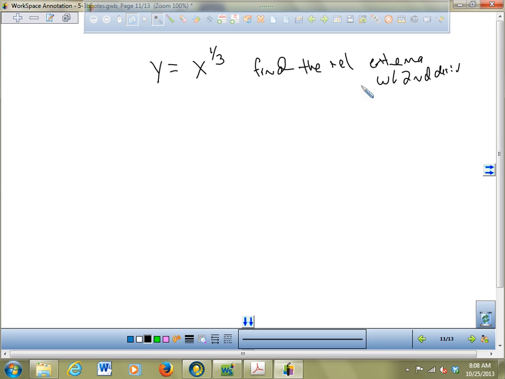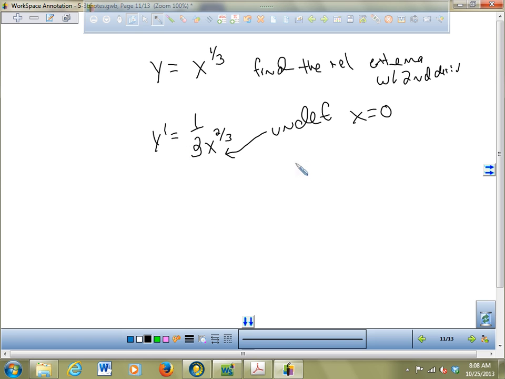Watch. If I do this, y prime is equal to 1/3 x to the negative 2/3. Would you agree with me there? Yes. But what's true about this? It's undefined at x equals 0. So if the first derivative is undefined, what's true about the second derivative?